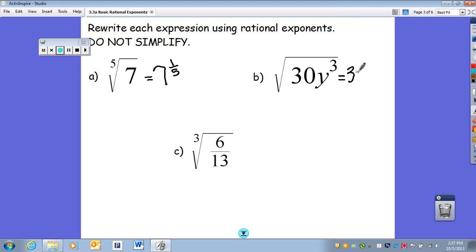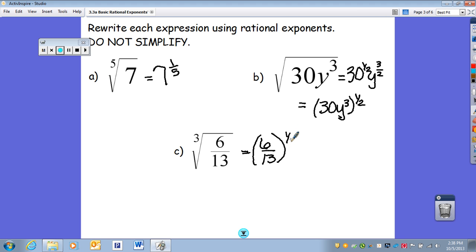So this is going to be 30 to the 1/2 power, and this is going to be y to the 3/2 power. We could also write it as 30y to the 3rd in parentheses, and that can be taken to the 1/2 power. In this example, we have 6/13 as a fraction, so we're going to put that in parentheses, and since it is a cube root, that is going to be the 1/3 power.